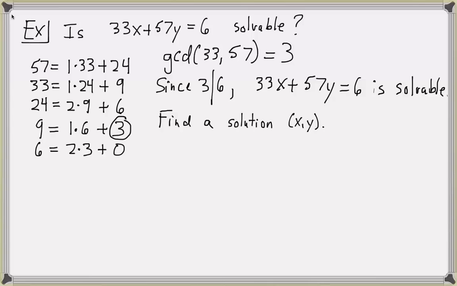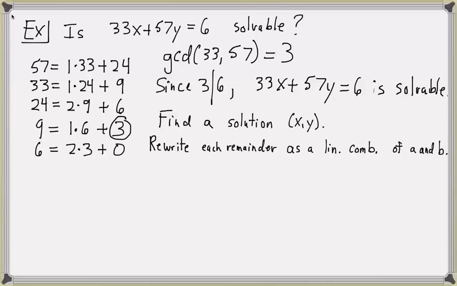So I'm going to rewrite each remainder as a linear combination of a and b.